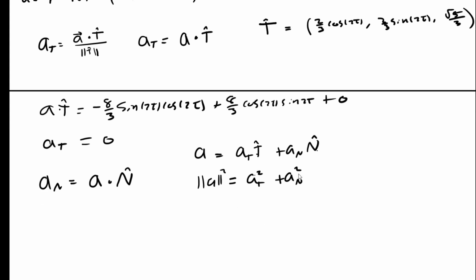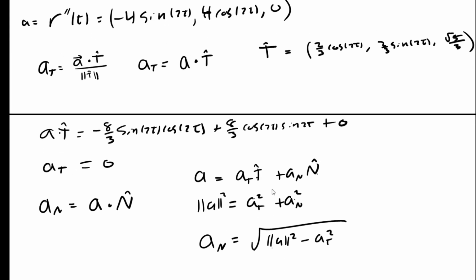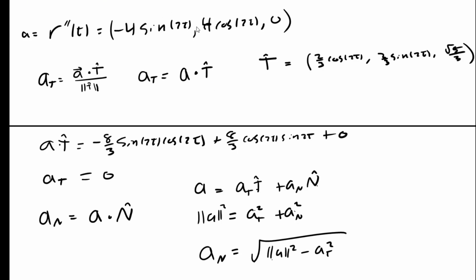So if I want AN, I could either do the projection onto the normal, which always works, or I can just do AN equals the square root of the norm of A squared minus AT squared. So we're just subtracting off the tangential component. AT is 0, so AN is the same as just the norm of A. The norm of A is going to be 4, right? Sine squared plus cosine squared, so that's just 4.